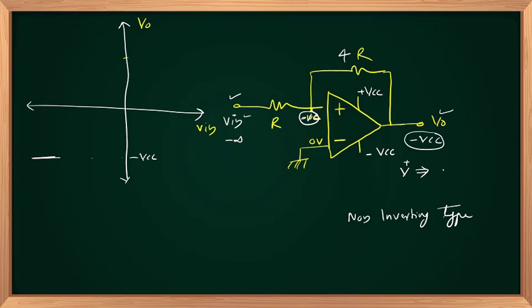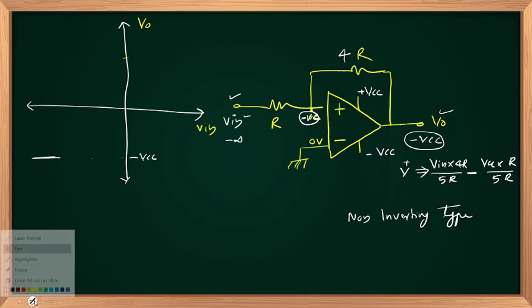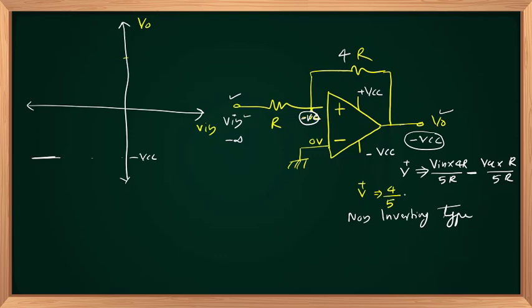So I can easily write my V plus as a function of V in and minus VCC: V in times 4R upon 5R, minus VCC multiplied by R upon 5R. So that will give you a value V plus equal to 4 by 5 times V in minus VCC by 5.